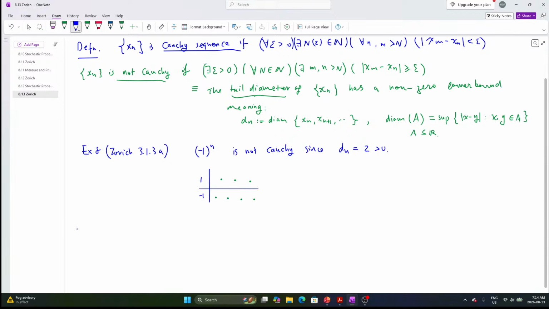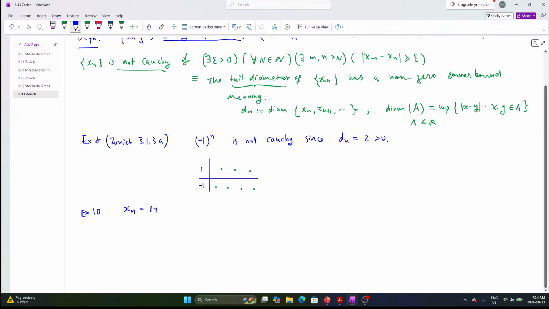example 10. This is a famous example, and we'll come back to this later. So xn is the partial sum of the harmonic series, 1 plus 1/2 plus all the way to 1 over n.